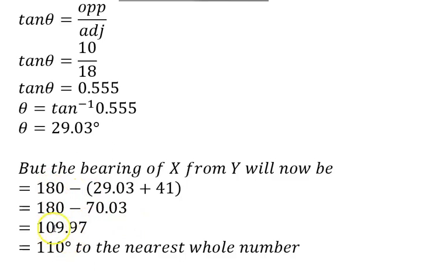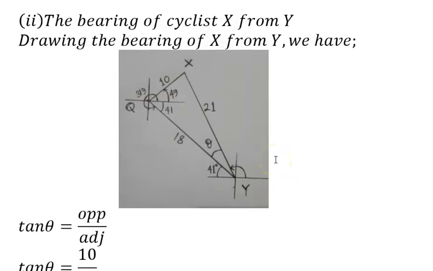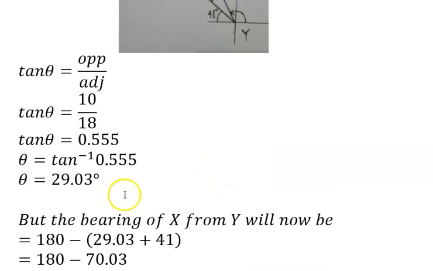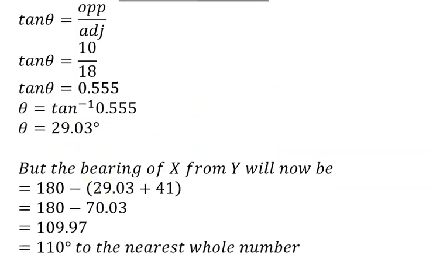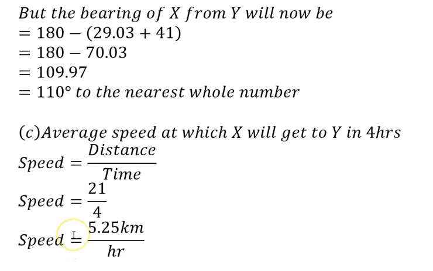Just subtract 180 from it, and we have 109.97. We have 109.97 plus 41 plus 29.03 to give us 180. So it's as easy as that. But the question says to the nearest whole number, so 109.97 gives us 110 degrees.